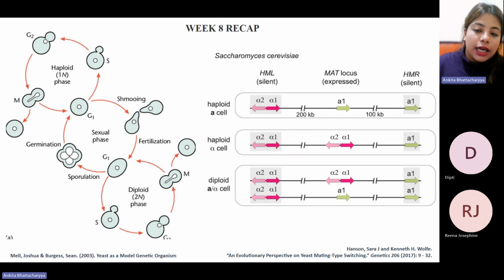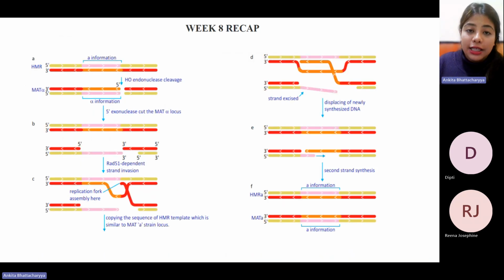In the A alpha condition, there are two copies of these genes, and while they have the same HML and HMR regions, the MAT locus has A1 as well as alpha 1 and alpha 2 genes. As a result, this particular cell is capable of producing cells which can have either of these two genotypes. How exactly that will happen is something we'll come to in the next slide.